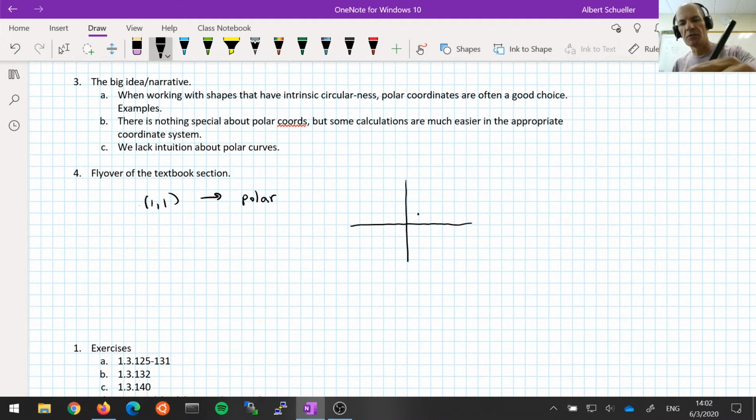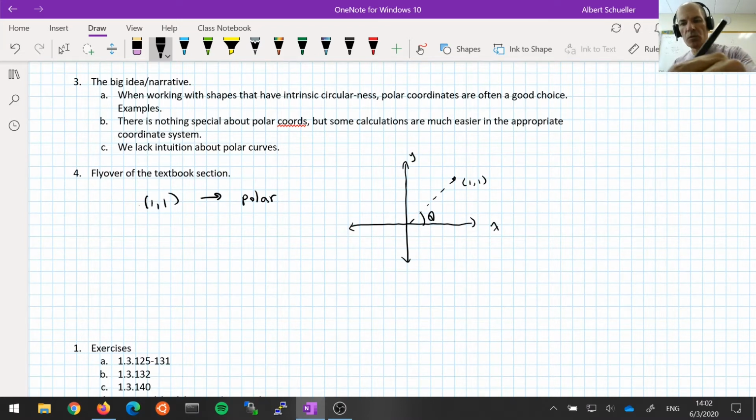I'm going to use a different scale here. Let's go out maybe here and call that 1, 1. Like that, x, y. I'm just constantly thinking about, well, what's this angle and what's this distance?